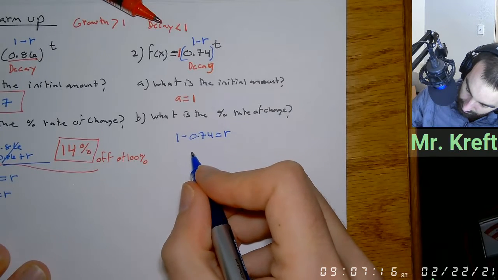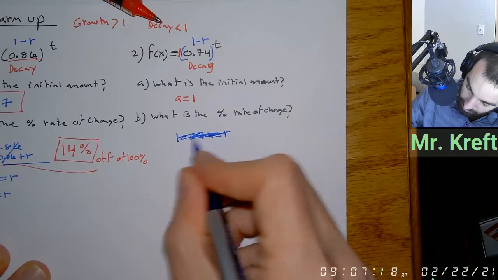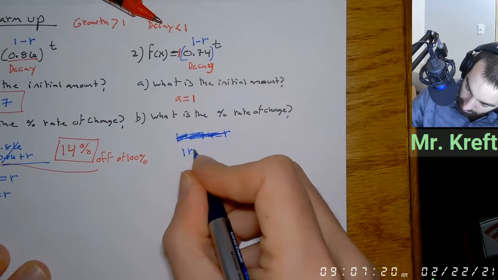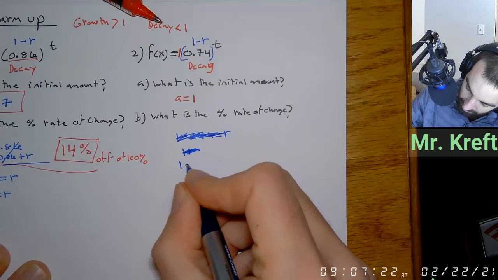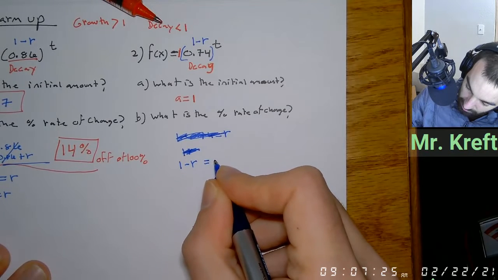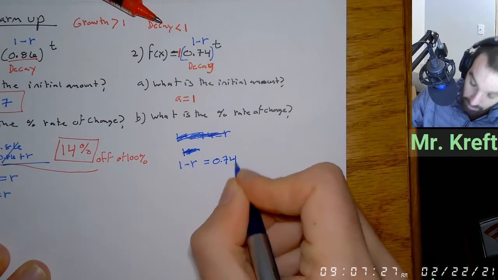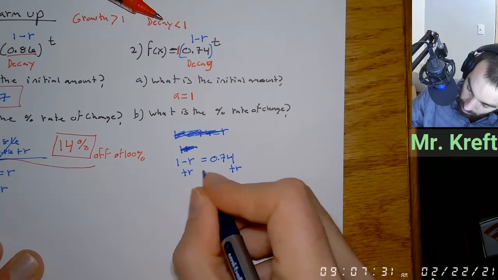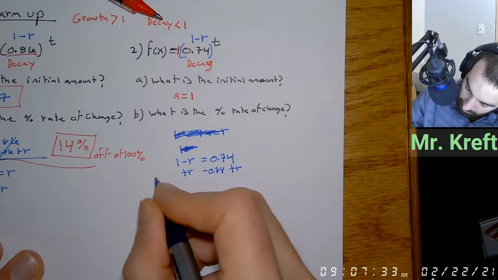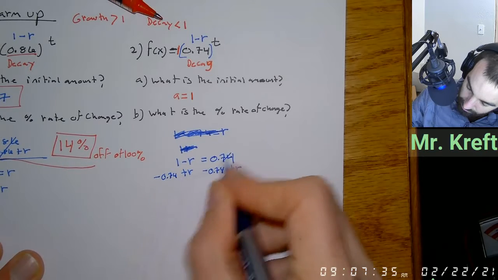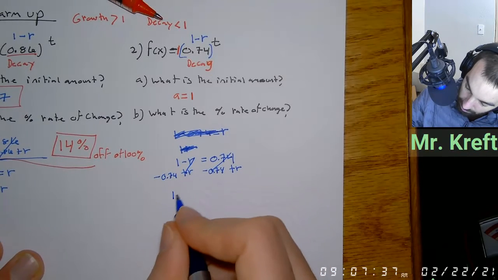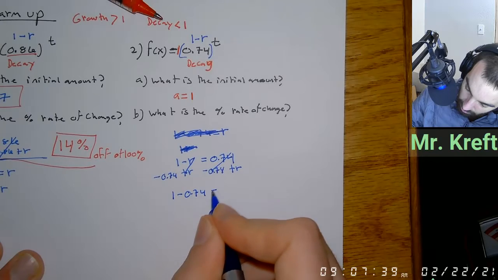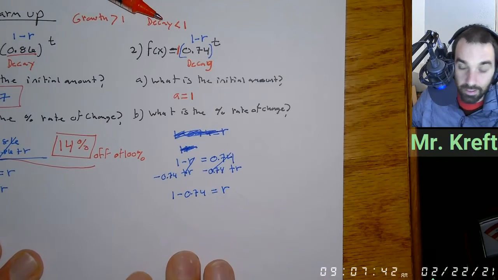So I have 1 minus 0.74 equals... Oops, that's not true. Yeah, I should start from the beginning. 1 minus R. I mean, it is true, but I should start from the beginning so that I don't confuse people. Right? And then I'm going to add R to both sides, subtract 0.74 from both sides. So I get 1 minus 0.74 equals R. Okay?